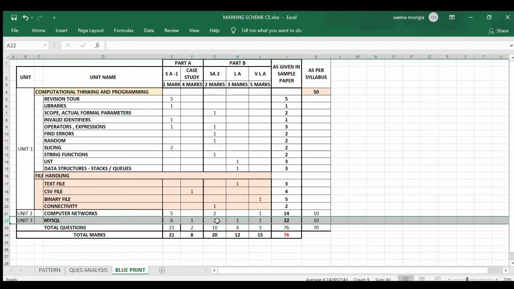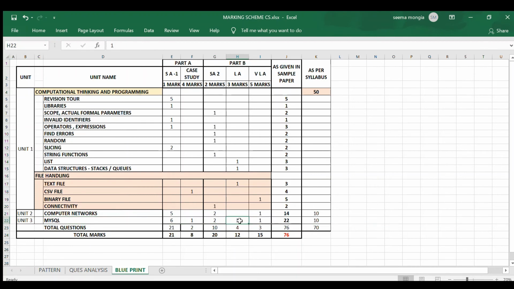There are 2 questions of 2 marks each. There is 1 question of 3 marks in the sample paper, and there is again a 5 marker question, one question of 5 marks in MySQL. So if we count the total marks weightage of MySQL as per this distribution of the sample paper, the total weightage comes out to 22.